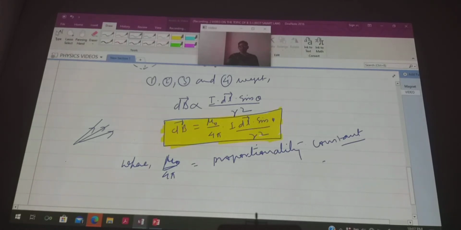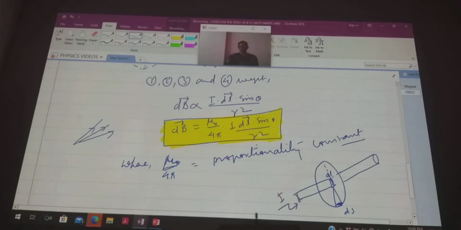Suppose this is a circular shape, and this is a dl length, and this angle is the area ds, all around the conductor.